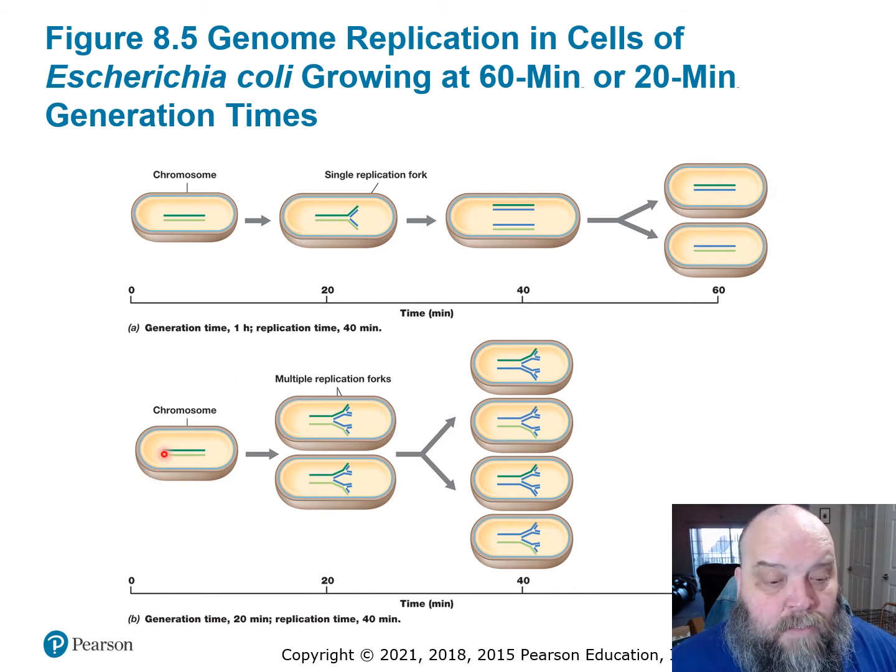But by having multiples occurring, remember you're dividing every 20 minutes. 20 minutes, 20 minutes. So you start with 1 and 40 minutes later you've got 4. But look what's happening. 1 replication fork, and then each of those resulting are going to act as template for more and more.